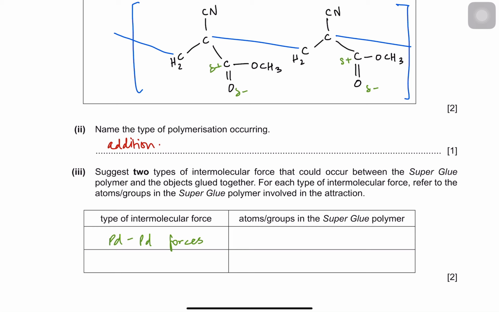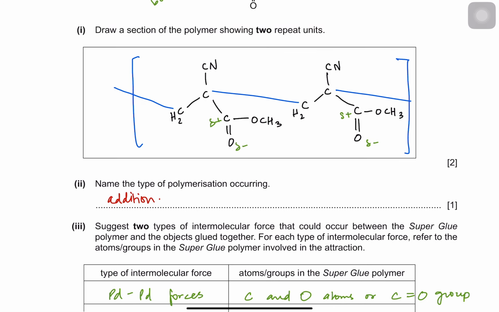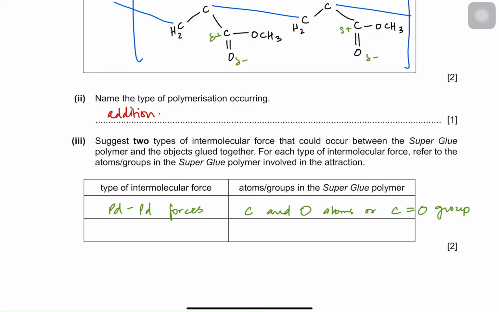And you know, we have this carbon atom and oxygen atom and stuff like that. So carbon and oxygen atoms, or you can say carbonyl group. And then obviously one force is always there, which is going to be your ID forces. They're always there.